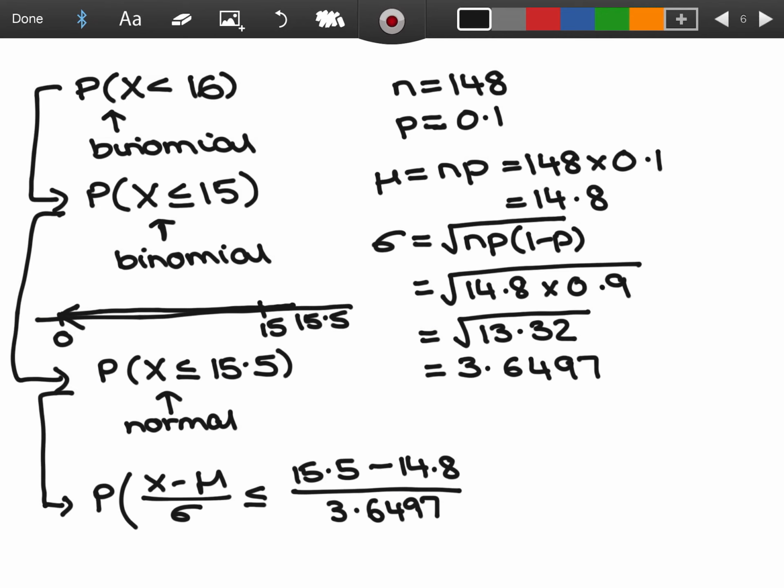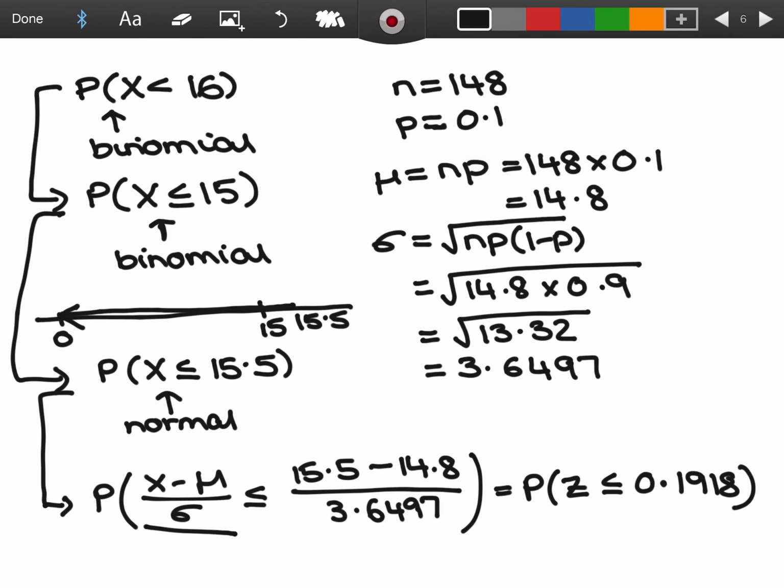Plugging that into a calculator, 15.5 minus 14.8, divided by 3.6497, this is equal to the probability that z, since we've done a z transformation, is less than or equal to 0.1918.